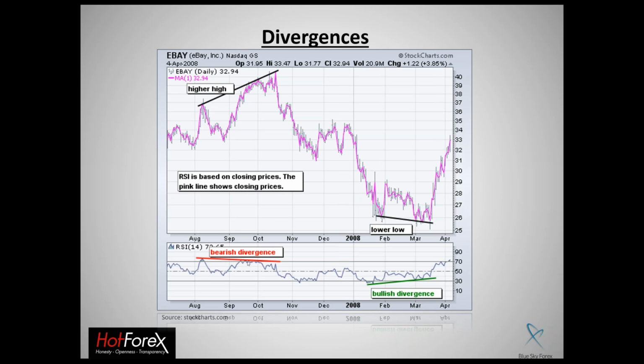You see, as it is creating these lower highs, but it is staying still on top of the 50 level, right? Okay, so as soon as the RSI crosses the 50 level, then you will go short.